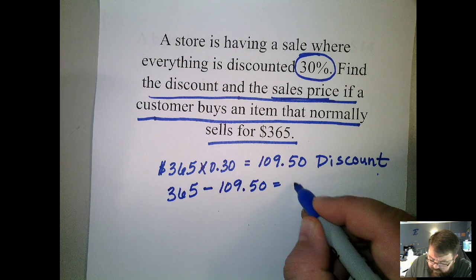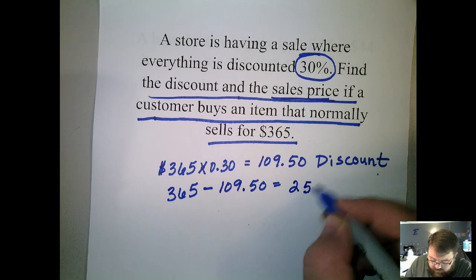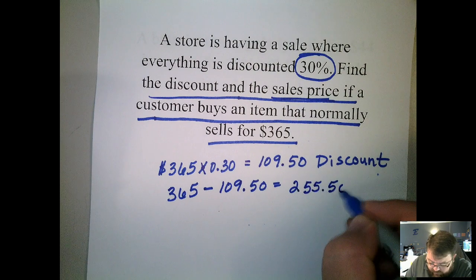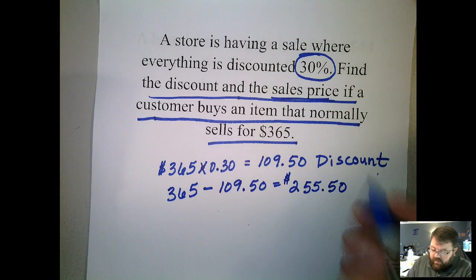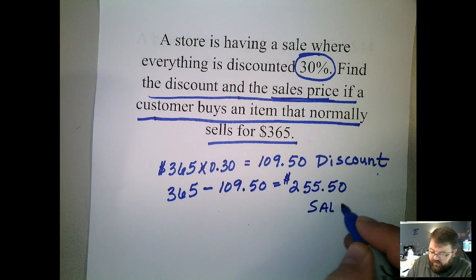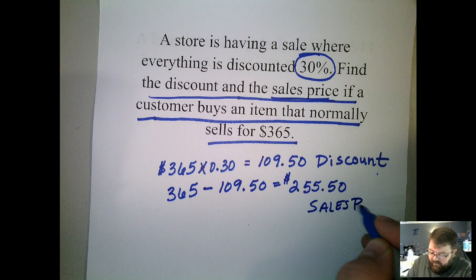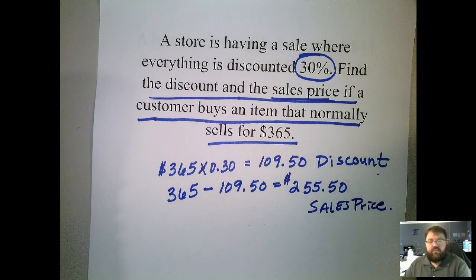And that's going to give me $255.50. This is going to be the sales price. Okay, here I've solved the problem using option number one. Or I'm sorry, option number two.